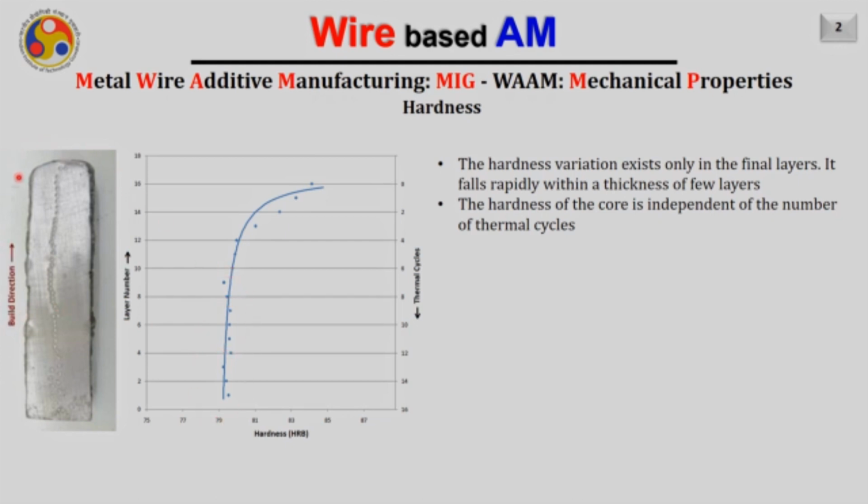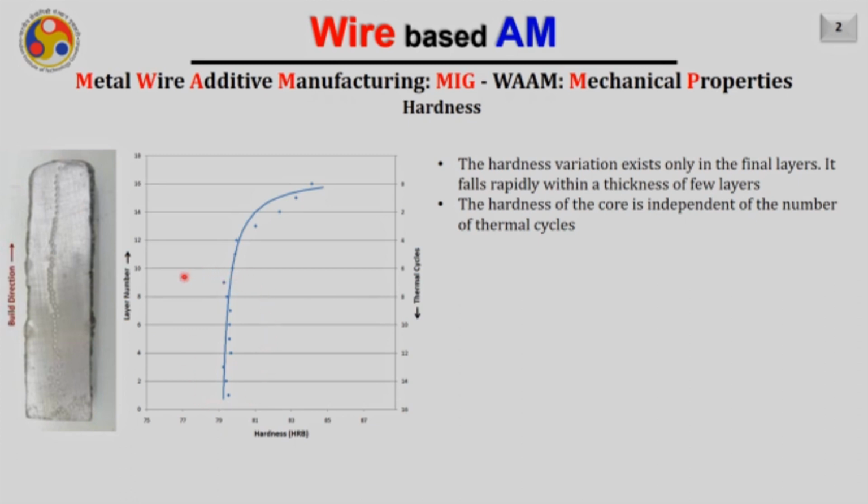While the newly deposited layers don't go through many thermal cycles, and the top layer is definitely not going to go through any other thermal cycle. Therefore, the microstructure of the deposited material will usually be fairly fine, and due to the fine microstructure, the hardness will be high on the top layers.